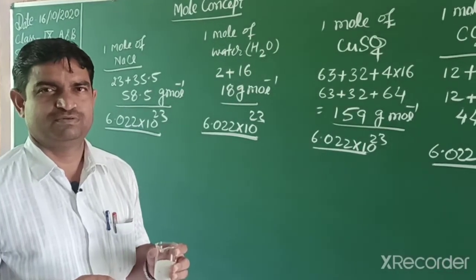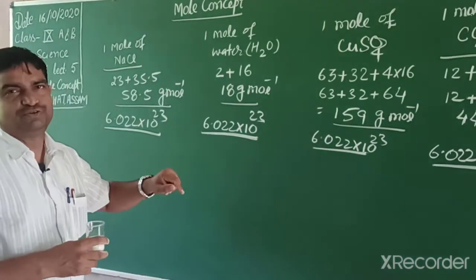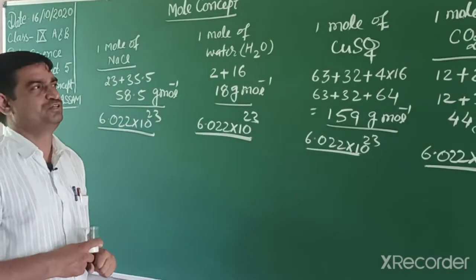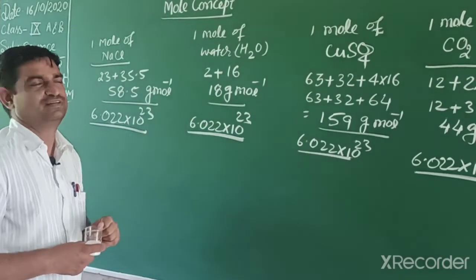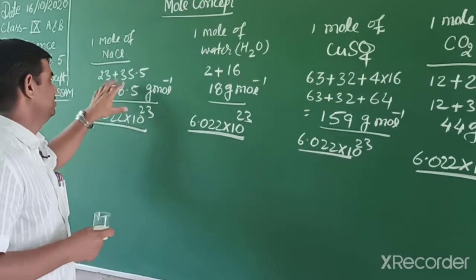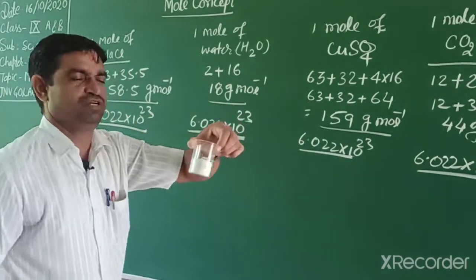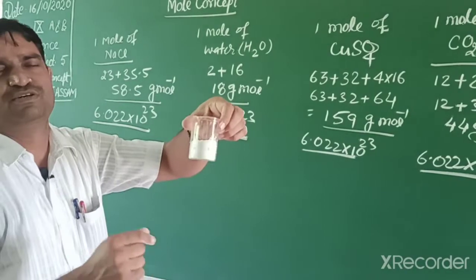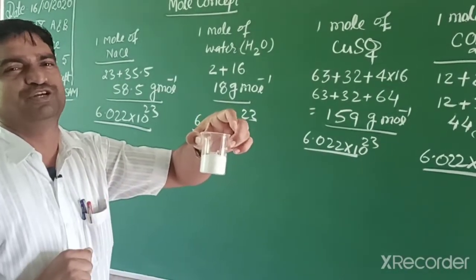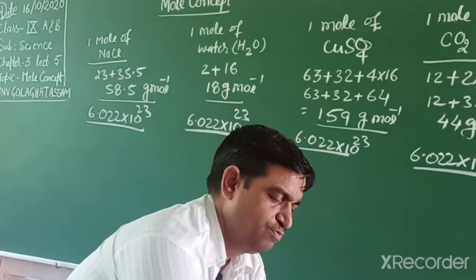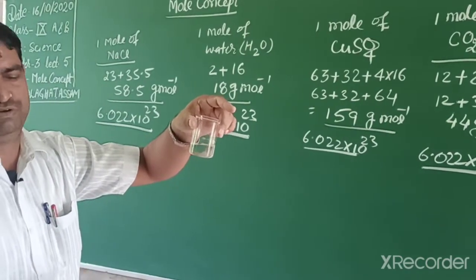Students, when we compare the number of molecules, all have an equal number of molecules, but the mass appears different. It does not depend; molar mass we can easily find. This sodium chloride molar mass is 58.5 gram. 58.5 gram has Avogadro number of molecules, and water only 18 gram has this Avogadro number of molecules.